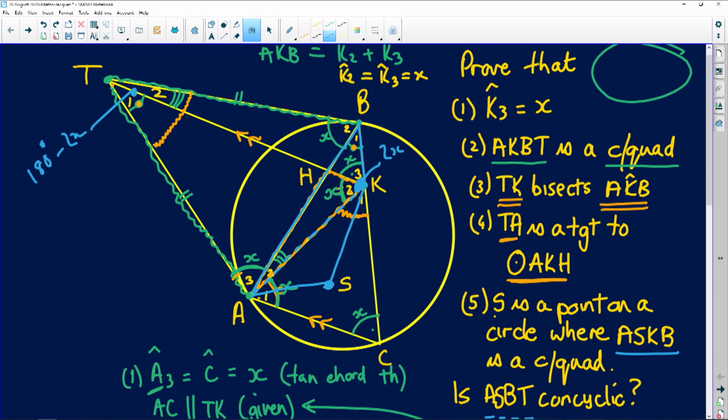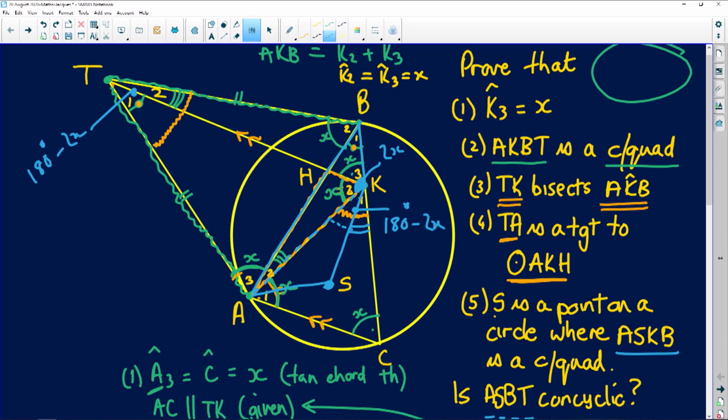Now, here we have the exterior angle, which is equal to the interior opposite angle. So this little angle here, which lies outside, we don't even need it, folks. We need to work with this full angle over there. If we look at that full angle, that angle here is indeed 180 degrees minus 2x.